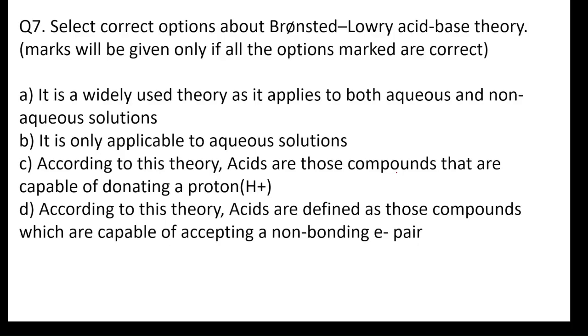First, it is applicable to aqueous solutions, and the compounds which are capable of donating a proton are called Bronsted acids. This non-bonding electron pair is only for the Lewis acid base concept. So options B and C are correct.